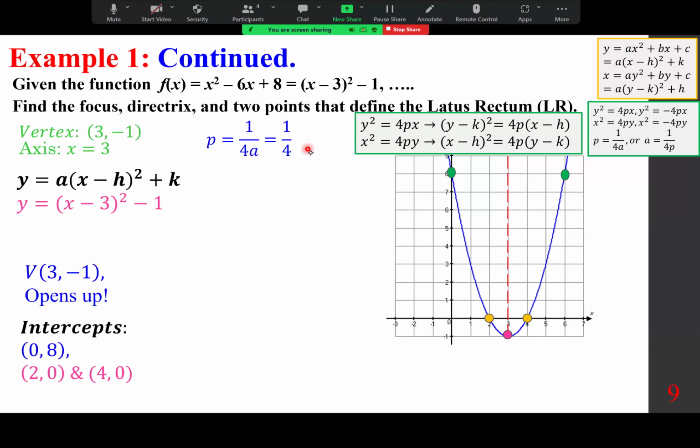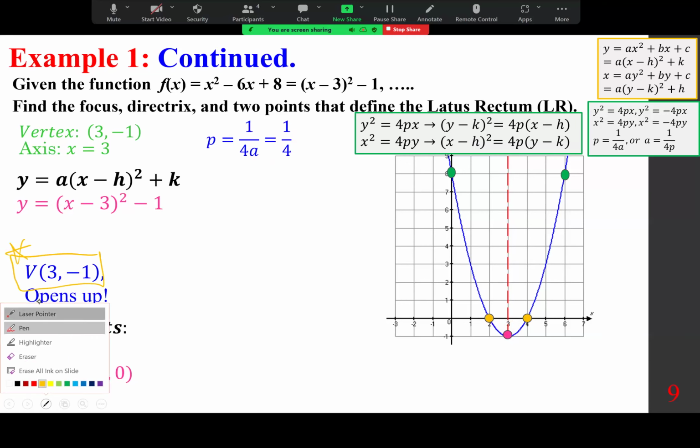So what it means is that we know the vertex, which is located at this point, 3, comma, -1.